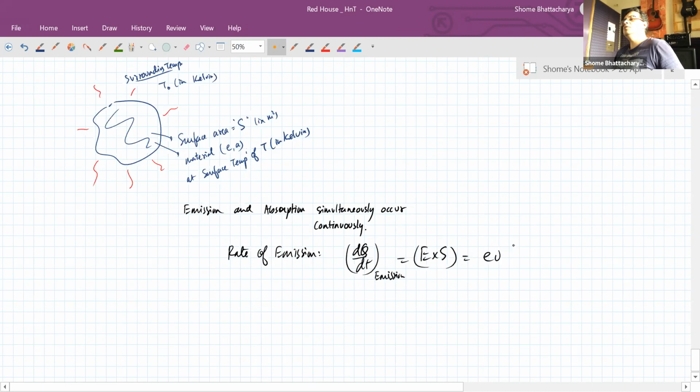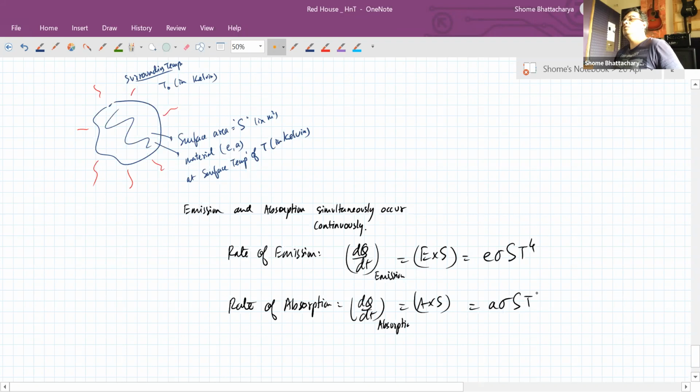So it will be e sigma into that surface area into T to the power 4. Whereas the rate of absorption, dq by dt, or you can even write it as delta q by delta t, will be absorptive power multiplied by the same surface area. So it is a into sigma into S into the temperature of the surrounding to the power 4. So this is in watts or joule per second, same thing here, it's in watts or joule per second.